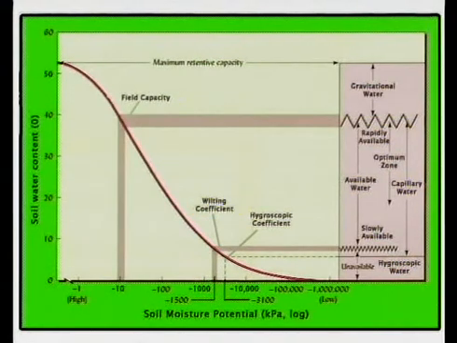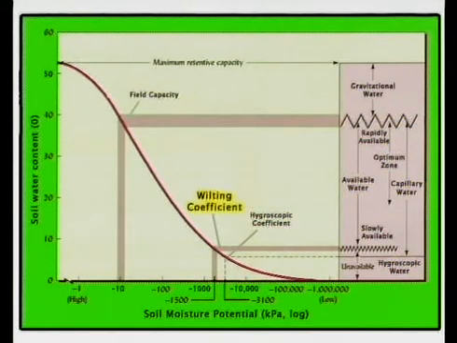To what level of water we can expect that plant to withdraw from the soil profile will be dependent upon that particular species of plant and its water use abilities from that soil. So field capacity is dependent upon our soil type, texture, structure, organic matter content, etc. Wilting coefficient is dependent upon our crop type or plant type that is actually withdrawing the moisture from that soil profile.